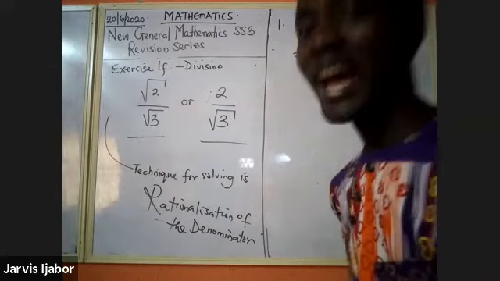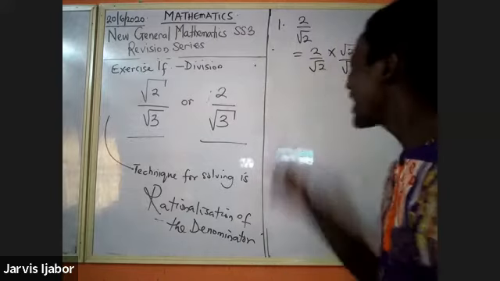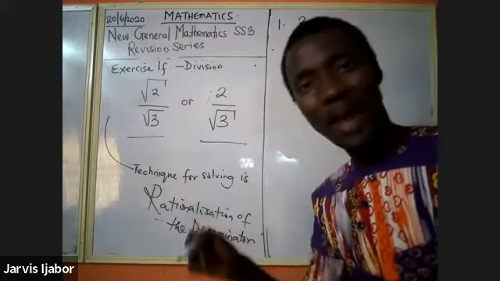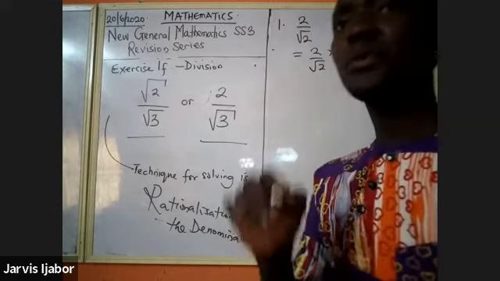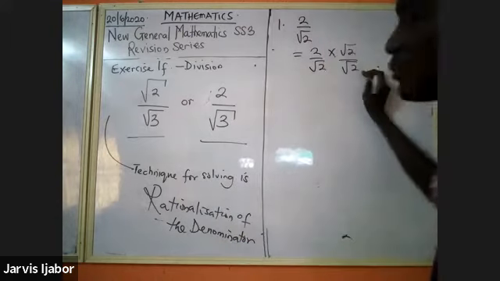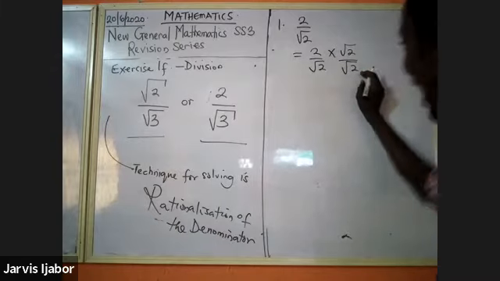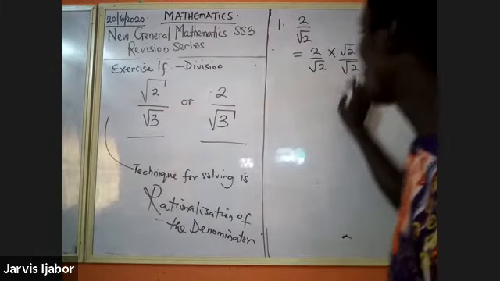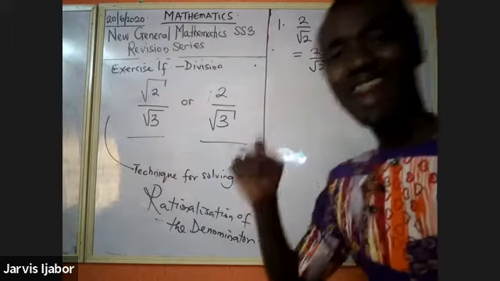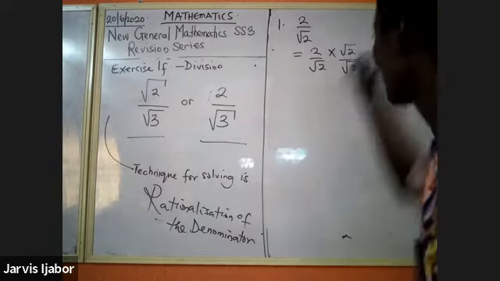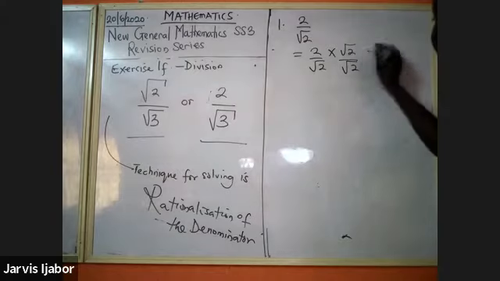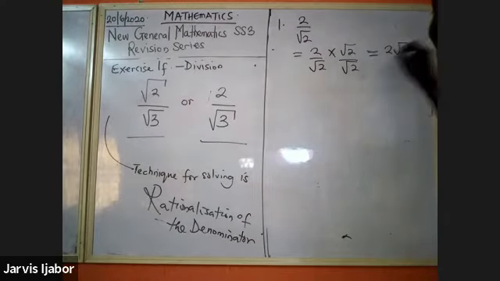Why are we doing that? We want to make the irrational number rational. The reason we are multiplying numerator and denominator by this root 2 is that we want to make this denominator a rational number. So the objective is to take care of the denominator, and that will give you 2 root 2 over what?